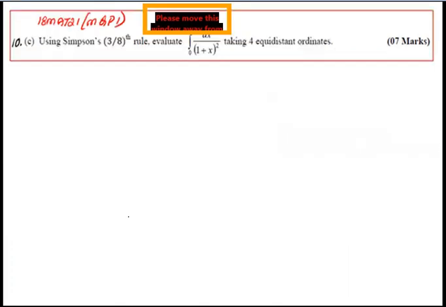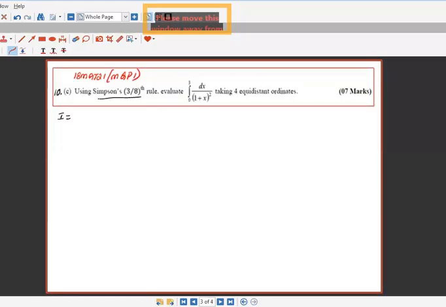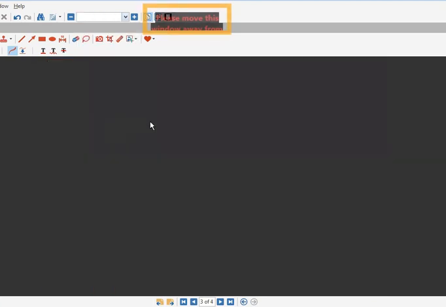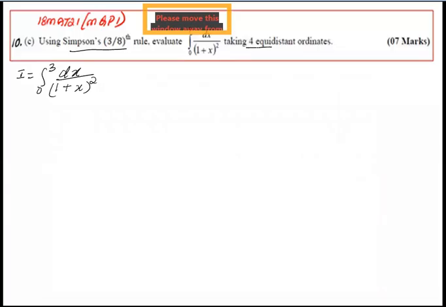Let's solve the third problem. By using Simpson's 3/8 rule, evaluate I, that is integral 0 to 3 of dx divided by 1 plus x squared, taking 4 equidistant ordinates.